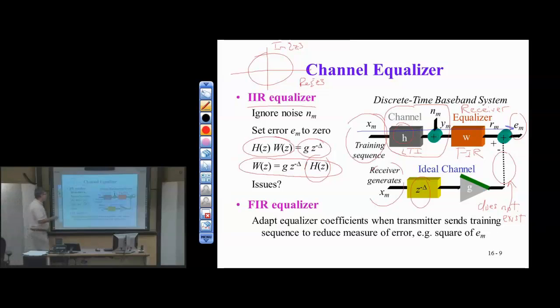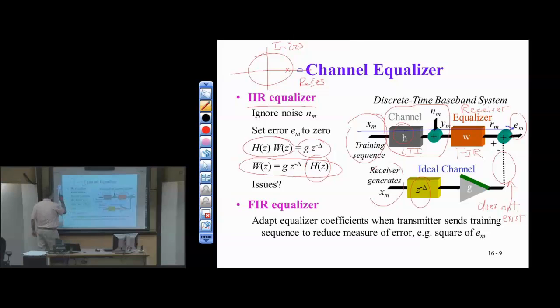All right. So if H of Z has a zero here, where do I put the pole of the filter for an all-pass response when I cascade the channel and equalizer? It's 1 over r.